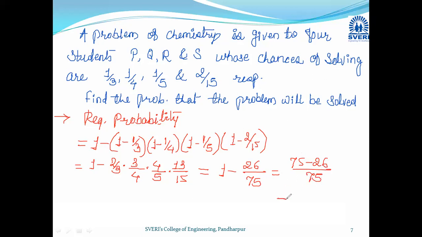How much? 75 minus 26. It is 49 divided by 75. So here there is the probability of 49 by 75 that the problem will be solved.